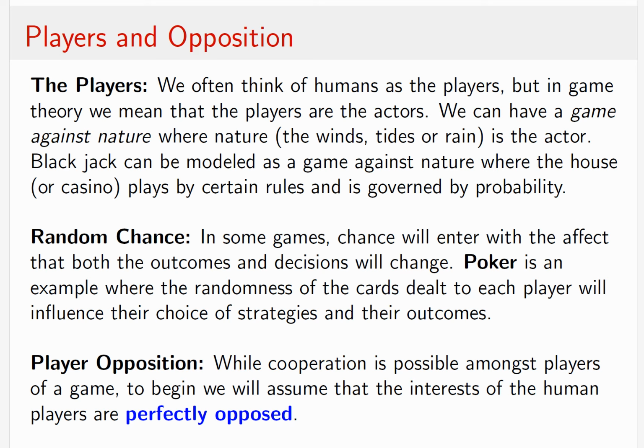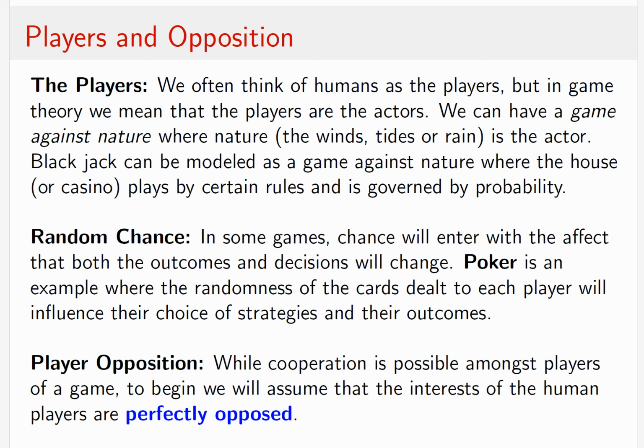So generally speaking, in economic theory, we want to avoid collusion, right? But how we play the game is certainly going to change if we're allowed to cooperate. And that's coming later. For the moment, we're going to say that these players are perfectly opposed.